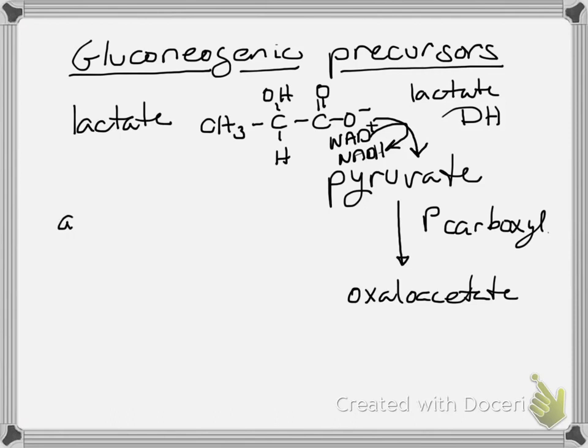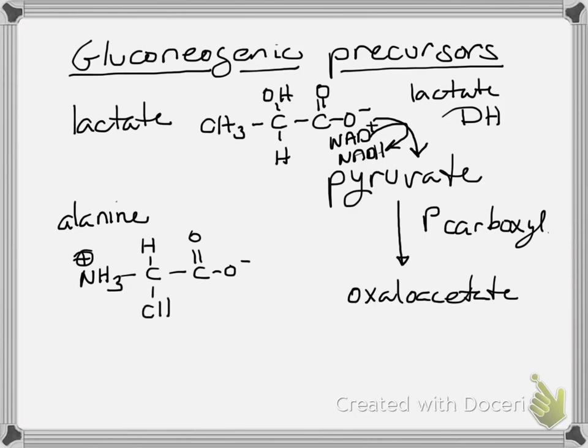Another source is alanine, the amino acid alanine. If we look at the structure of alanine, we can see here that there is the potential for using a carbon backbone.